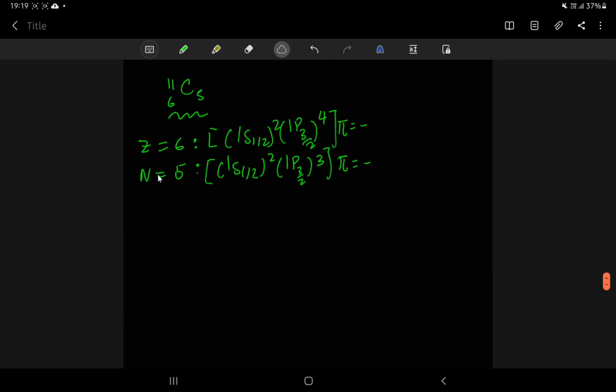So for the total spin state, because proton number Z and neutron number N are both odd, for this odd-odd case we need to use the Nordheim rule. The Nordheim rule says to add J1 plus J2 plus L1 plus L2 and find the parity of this.